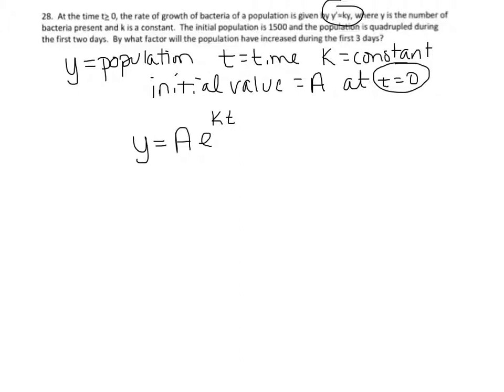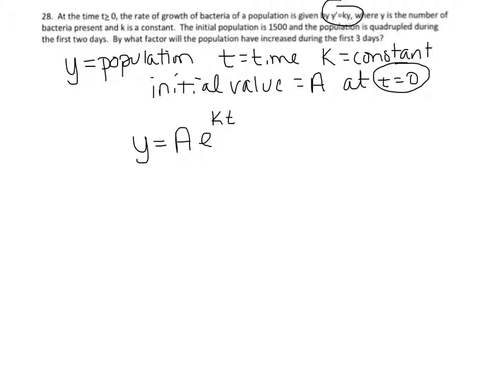But you probably used base 10 back in Algebra 2, so if you replace the e with a 10, maybe that looks more familiar. a is our initial value, and then the exponential growth or decay is the e to the kt, where k is the constant that we're looking at, and t is the amount of time that has gone by.